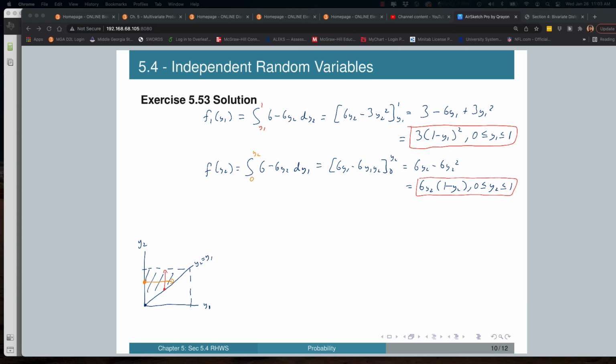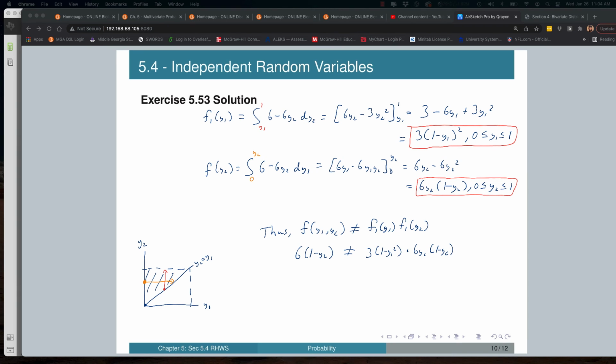All right, obviously this is going to be dependent. We kind of knew that from the get-go, but again, we've got to show it. Thus, f of y sub 1 comma y sub 2 does not equal the marginal probability for y sub 1 times the marginal probability of y sub 2, because 6 times 1 minus y sub 2, which is the original function on the previous slide, does not equal 3 times 1 minus y sub 1 squared times 6y sub 2 times 1 minus y sub 2.